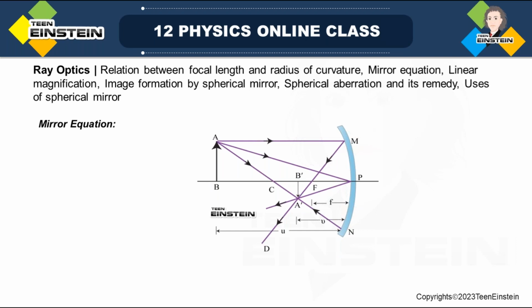See, the distance between the object and the pole is called object distance. Object distance is always denoted by small u. The distance between the image and the pole is called image distance. In this case the object distance is BP.